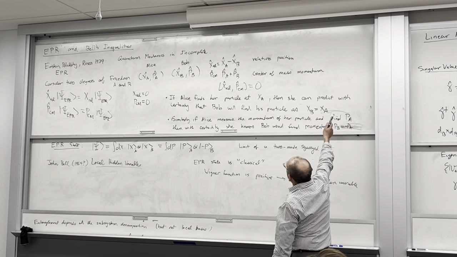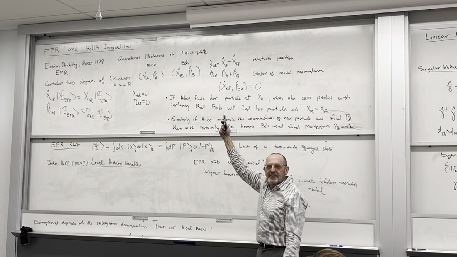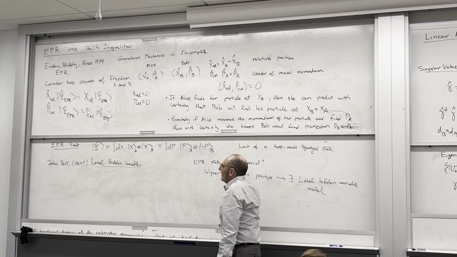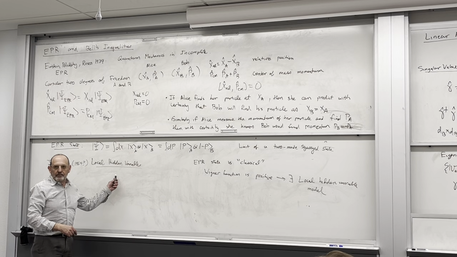If she can predict the outcome with certainty and he's outside the light cone, the fact that she can't affect his outcome is what we mean by local.